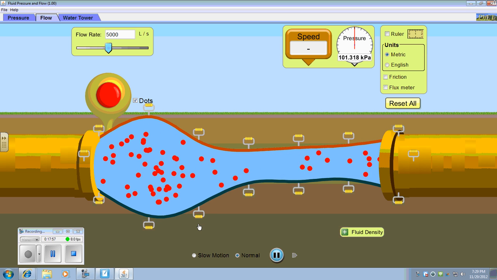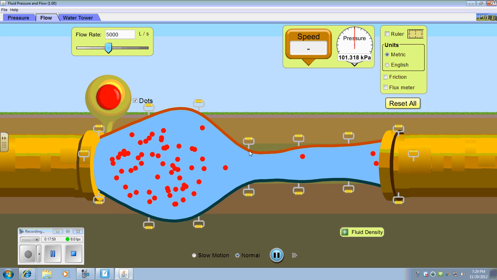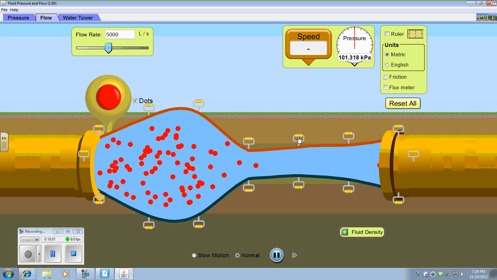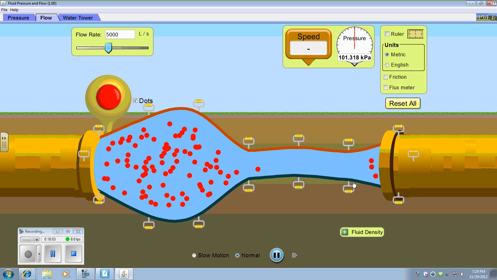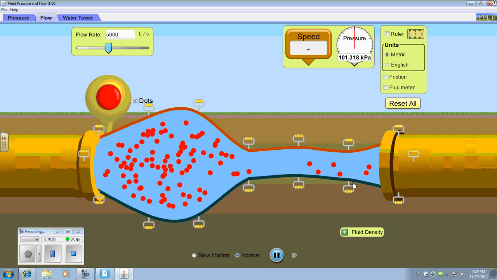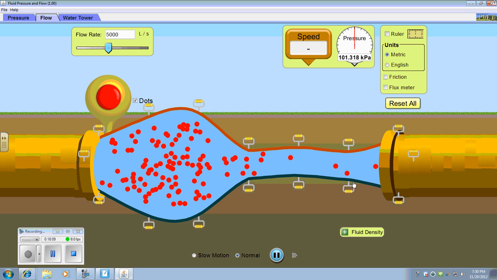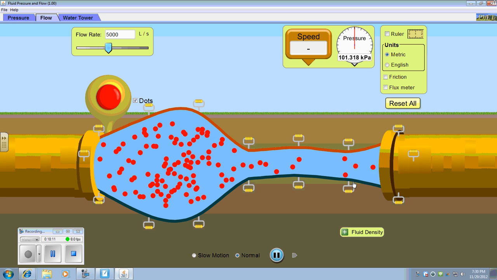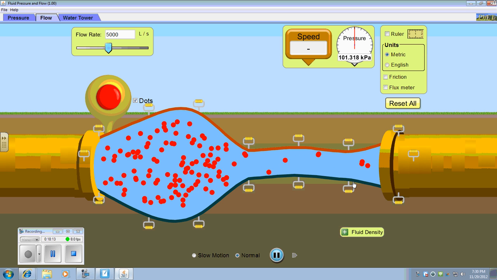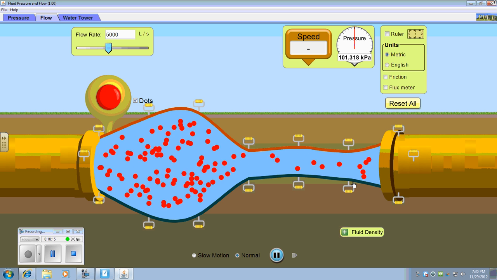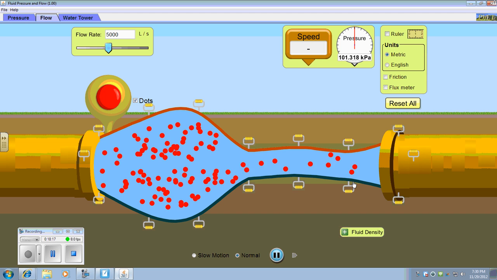Now let's make it a little more extreme so that we can really see this in action. Make it small. All right, so over here on the left-hand side, we see this backup of molecules, high pressure. We also see them going really super slow, low velocity. Also a large area. Well, that's the continuity equation in a nutshell.